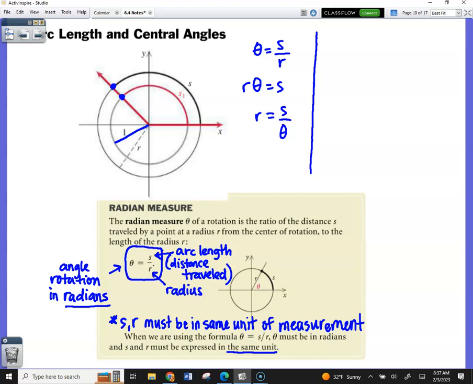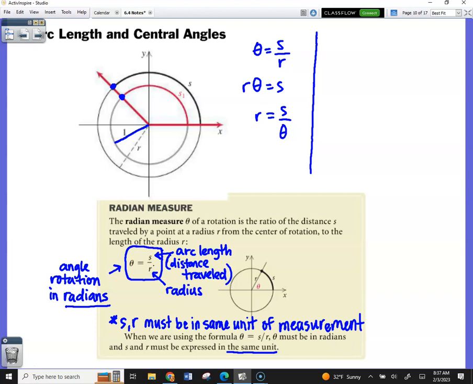Theta means the degrees or the radians, which in this case we have to be in radians, but I'm just reminding you radians is equivalent to degrees. Theta means the rotation itself. S means if I was to measure it in a linear format, how much did it travel, okay? There is a direct relationship between these two pictures.